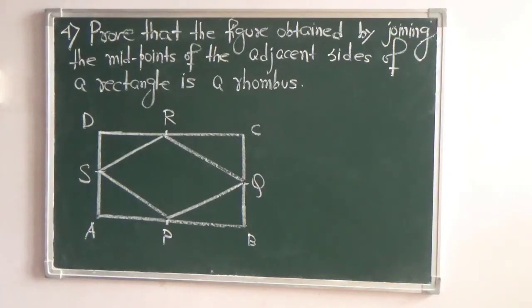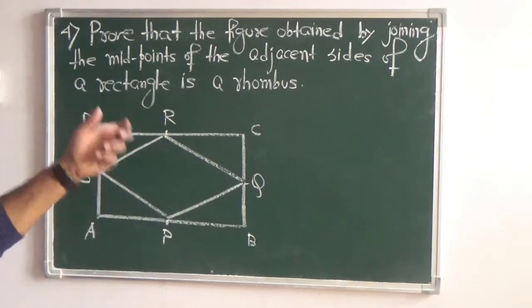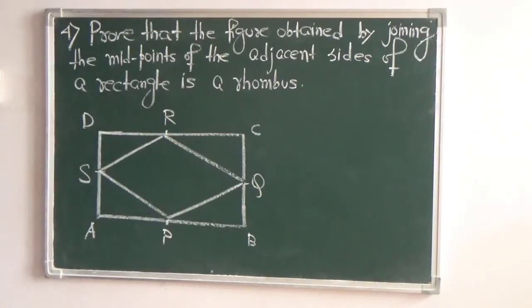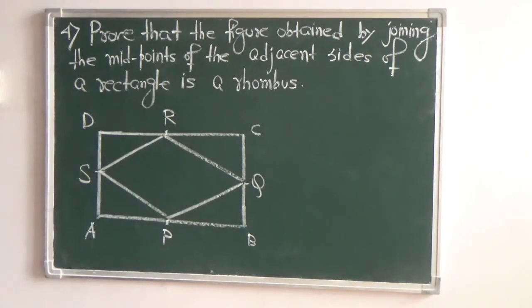We need to prove that PQRS is a rhombus. A rhombus is one whose all sides are equal. The second property is that the diagonals bisect each other at right angles. That is the very crucial property of a rhombus. Or simply, if you can prove that the four sides are equal, we can prove that. This question I leave to you.